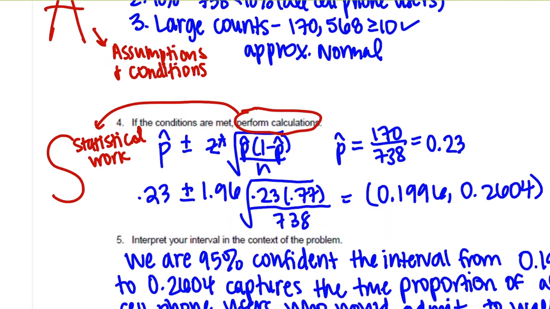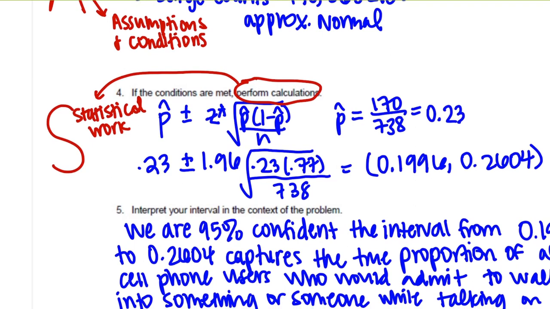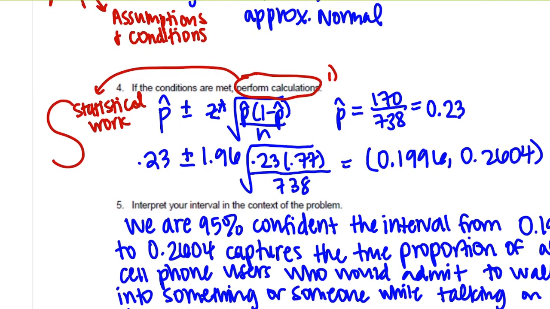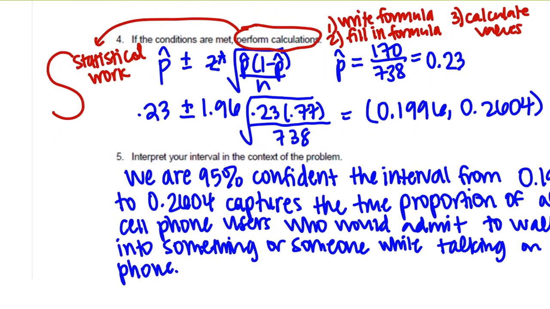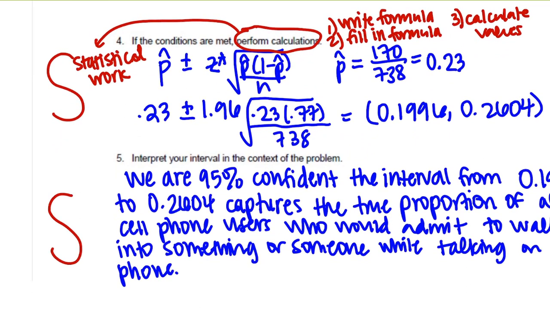And so there we put our formula and fill in the formula. So I like you to write the formula, fill in formula, calculate values. In this case, the interval. And then the last S is your interpretation. And so what that means is summary sentence.